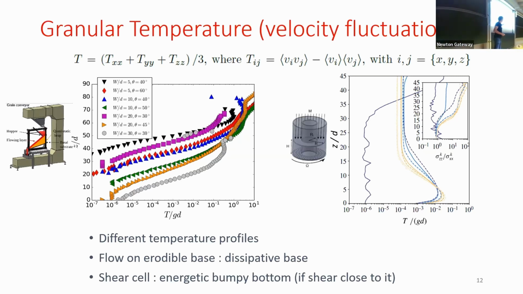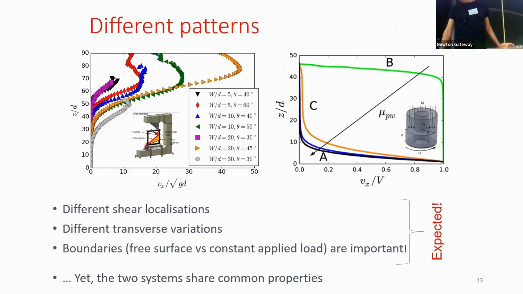And the curve that is different corresponds to the case where you have a plug flow close to the bottom. So the two systems for the temperature are extremely different.